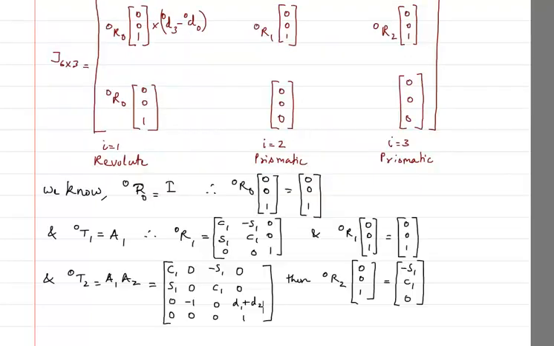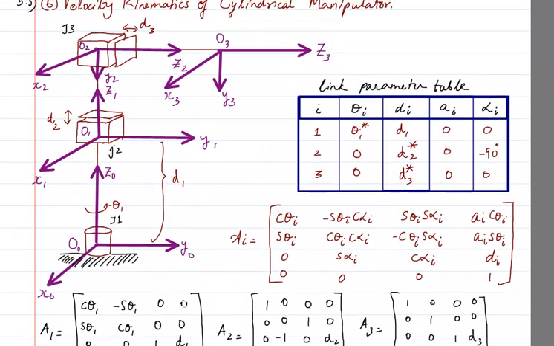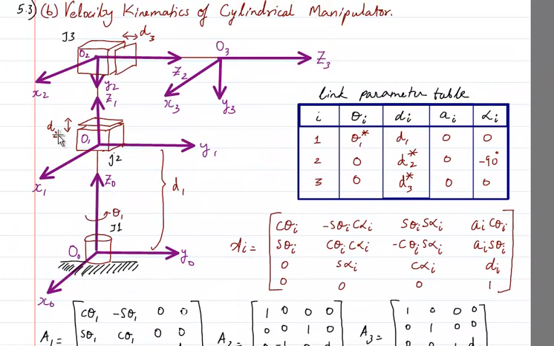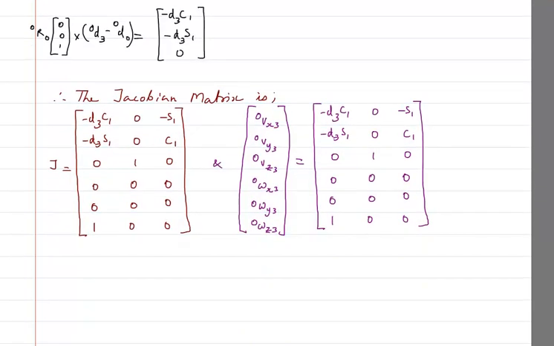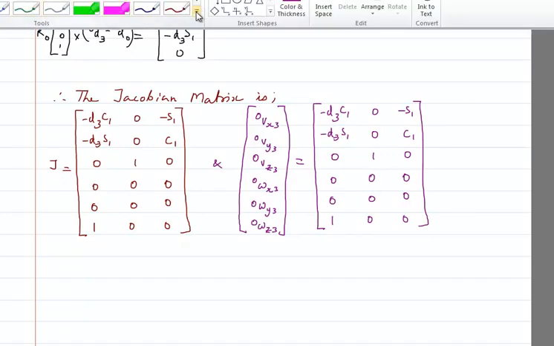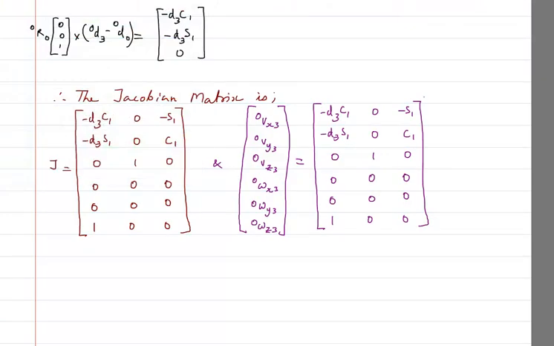Which are the three joint variables here? Here the three joint variables are theta 1, d2, d3. Should not forget theta 1, d2, d3. So based on that, I will be able to write straight away into theta 1, d2, d3.